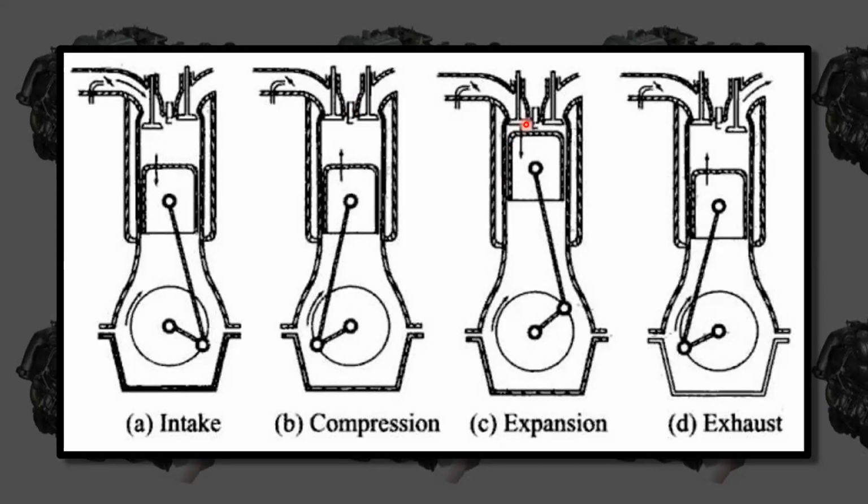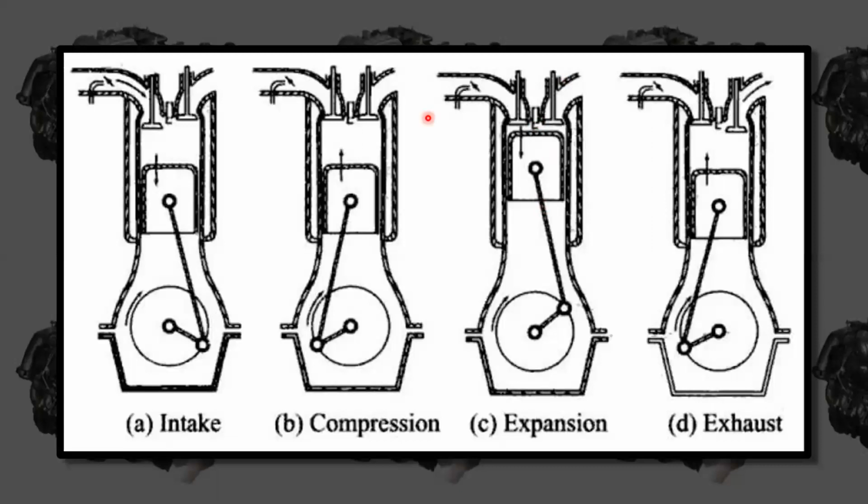The inlet valve as well as the exhaust valve are going to be in closed position. During both expansion and compression, both the valves remain closed. Any valve is not going to open.